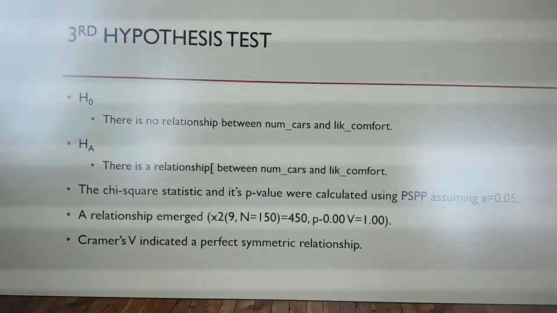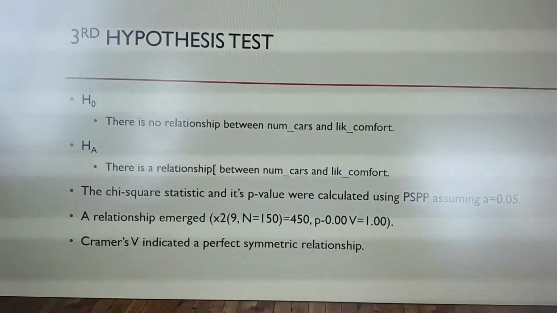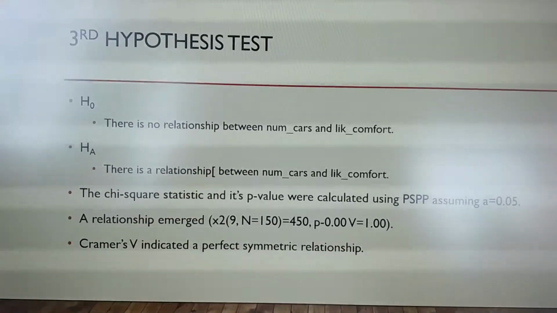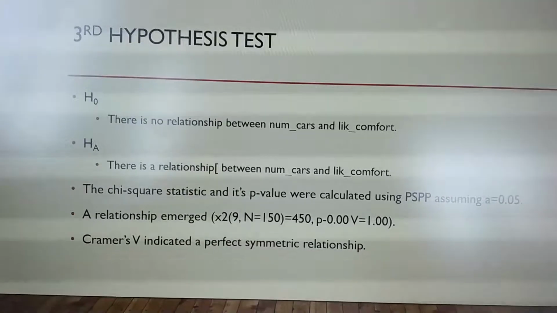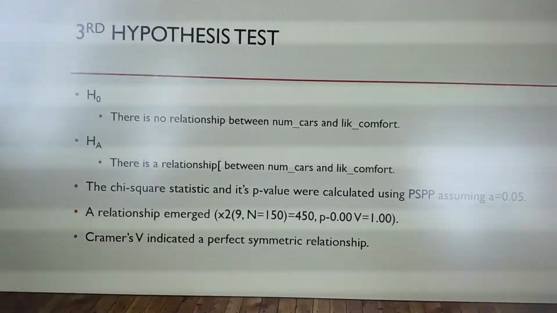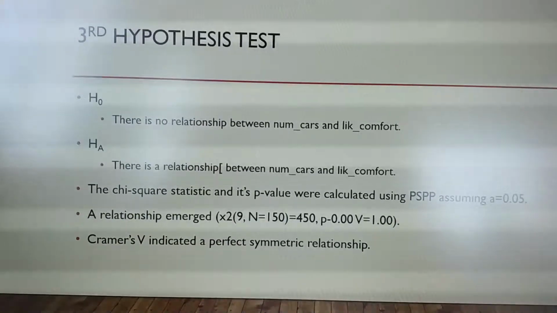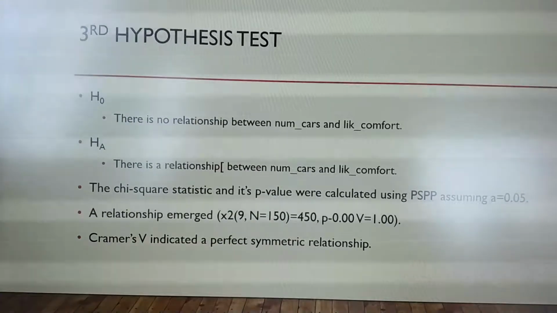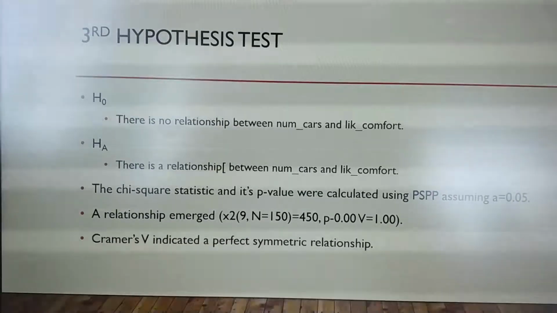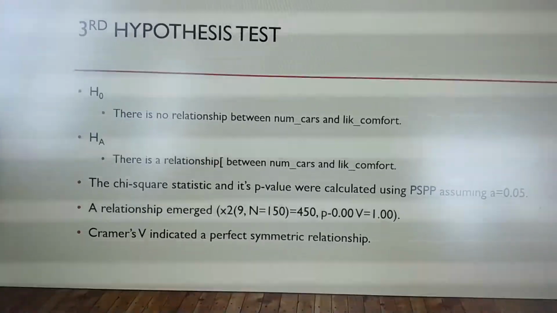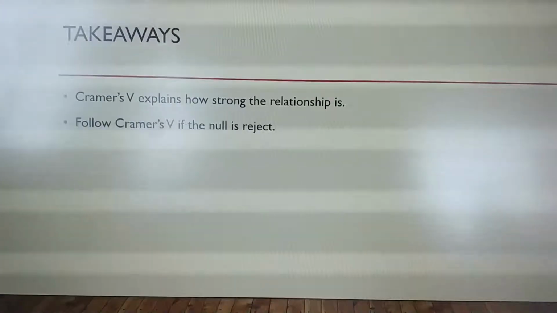There's a relationship, which is chi-square(9, N = 150) = 450, p = 0.00, V = 1.00. And of course, this V indicates the perfect symmetry in the relationship.